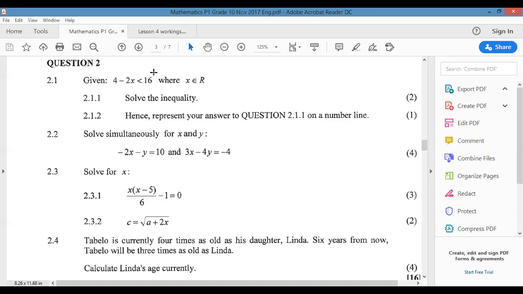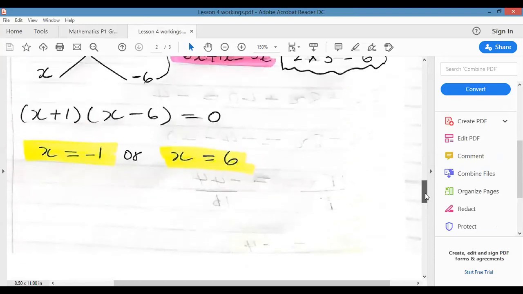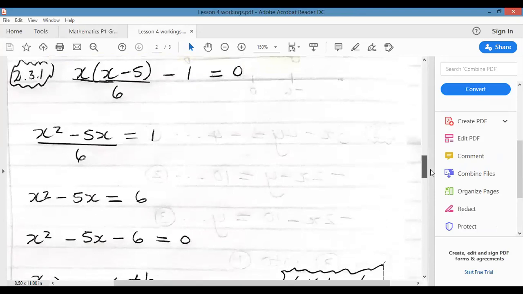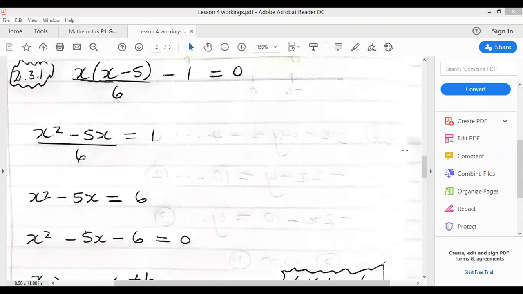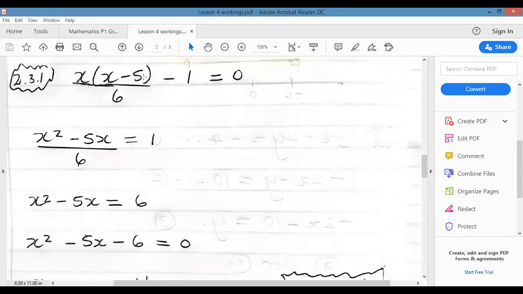Now let's look at 2.3.1. Let me go to the workings for 2.3.1. Let me try to re-explain it again. Here, guys, we're given x, open bracket, x minus 5, close bracket, over 6, minus 1 is equal to 0. Does it make sense?